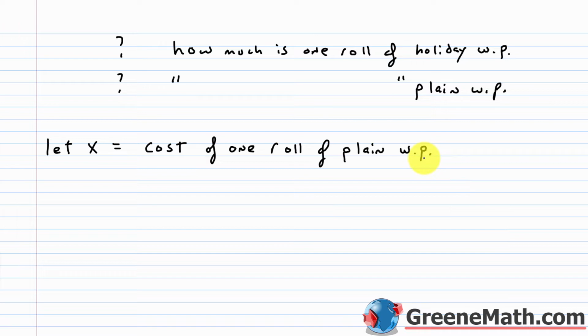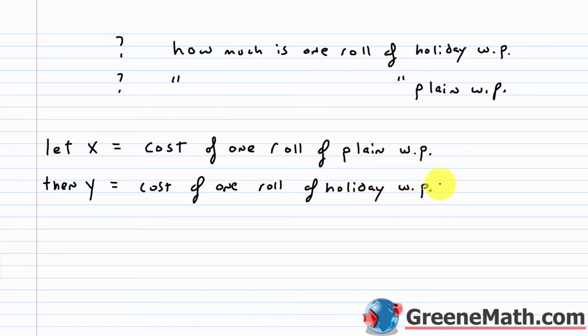Then for our other unknown, I'm going to say Y is equal to the cost of 1 roll of holiday wrapping paper. So again, W.P.